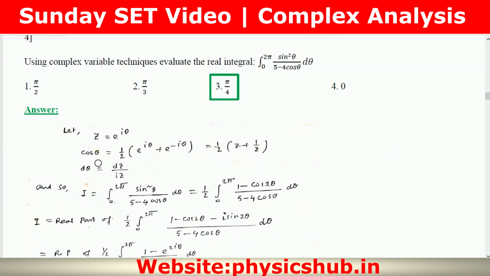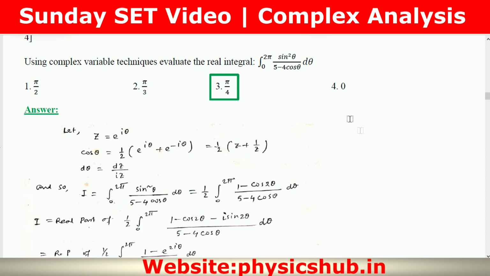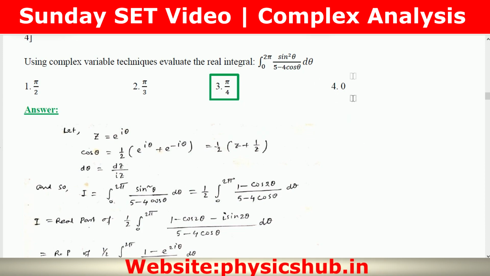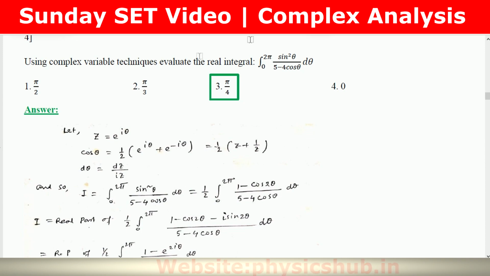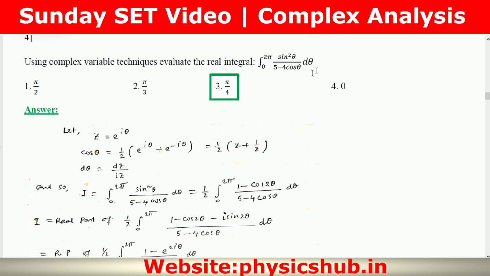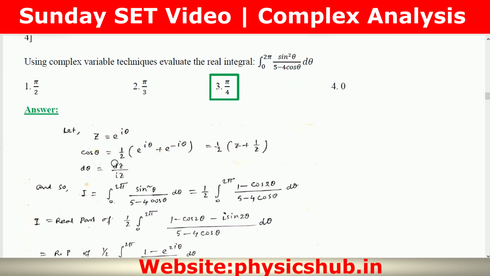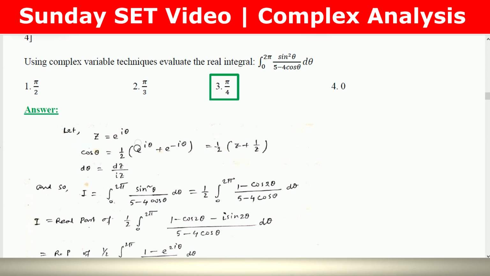Using complex variable techniques, evaluate the real integral from 0 to 2π of sin squared θ by 5 minus 4 cos θ dθ. Now whenever you see this type of problem, the limit 0 to 2π means a circle is forming, with θ related terms, then what you do, you just take z = e^(iθ).